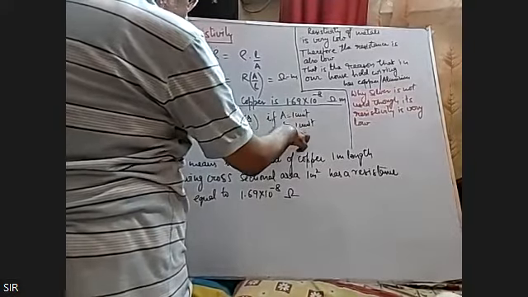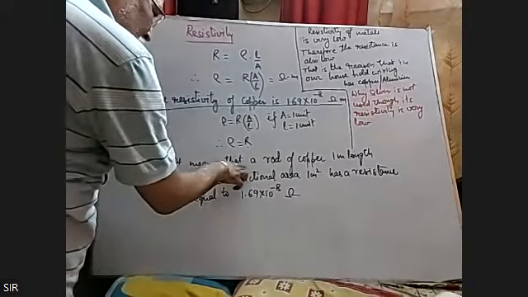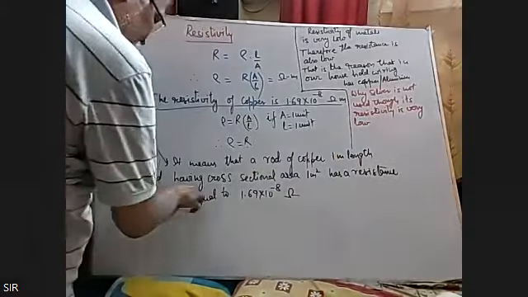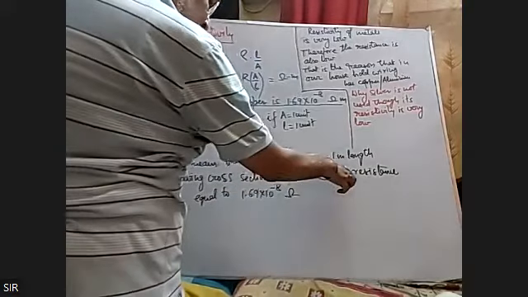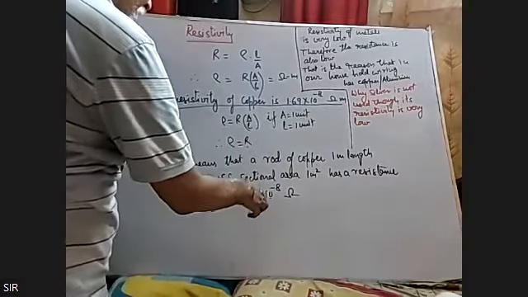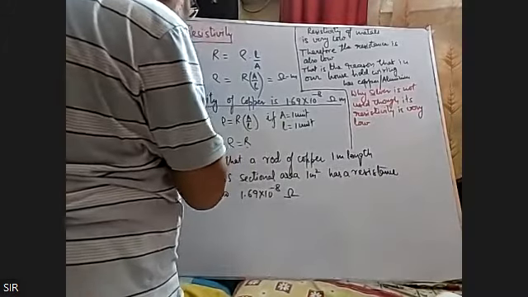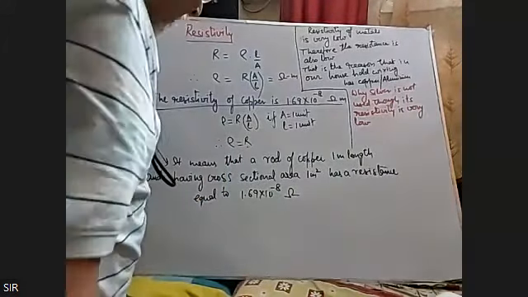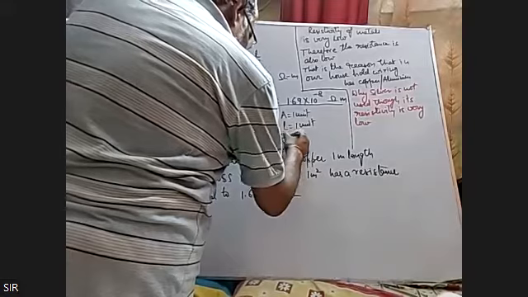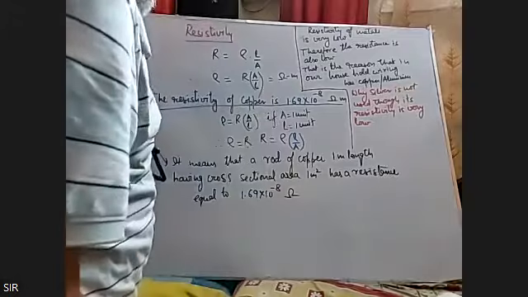If I take A 1 unit, L 1 unit, rho becomes R. It means that a rod of copper 1 meter long, 1 unit means 1 meter long, and having cross sectional area 1 meter square has a resistance equal to 1.69, because here R will be rho L by A, right?